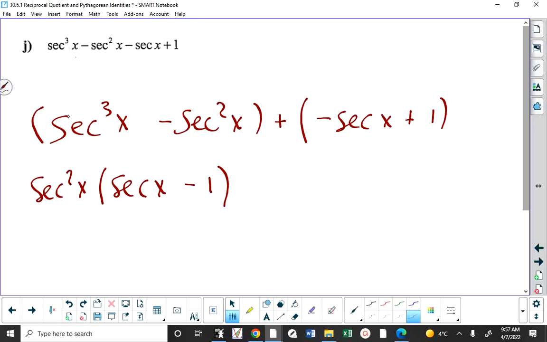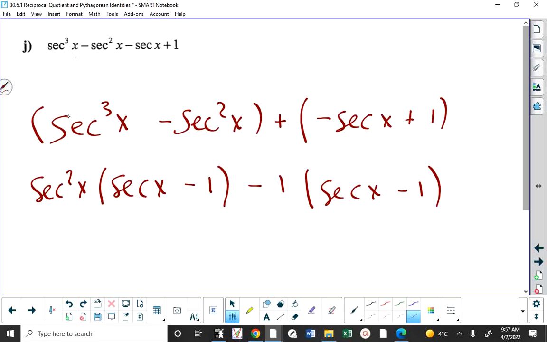It's not that you factor the greatest common factor out of the second pair. You factor out of the second pair whatever you need to be left with the same thing you were left with out of the first. So we want to arrange it so that we are left with secant of x minus 1. And you can see, I hope, that we have to factor out a 1.